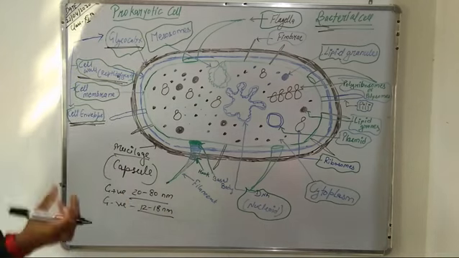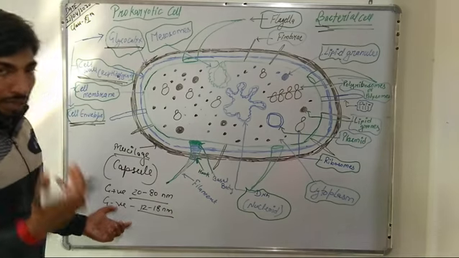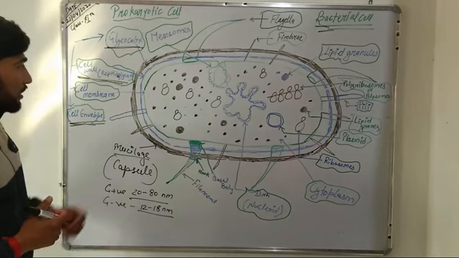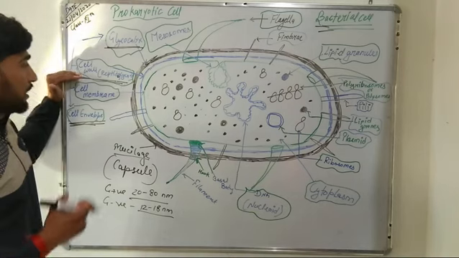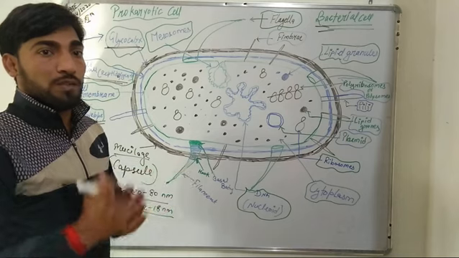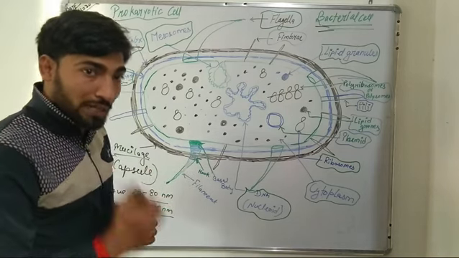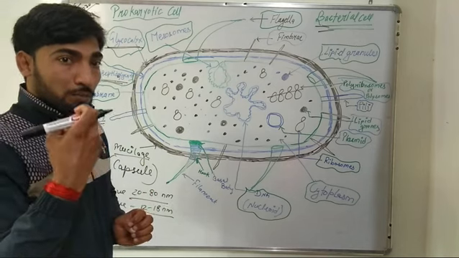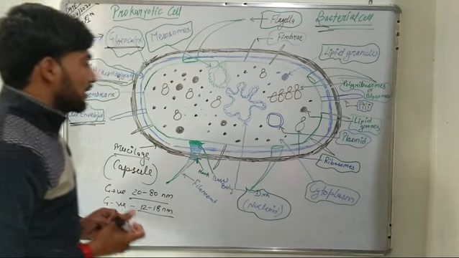So gram-positive bacteria have a thicker cell wall in comparison to gram-negative bacteria. This cell wall is responsible for providing shape and size to the cell, and it also provides protection to the bacterial cell from mechanical injury.